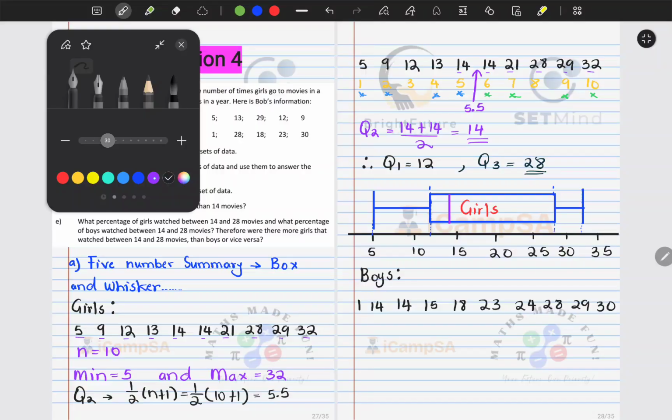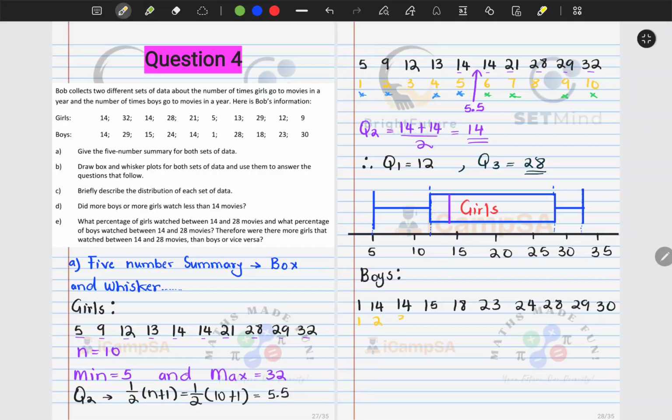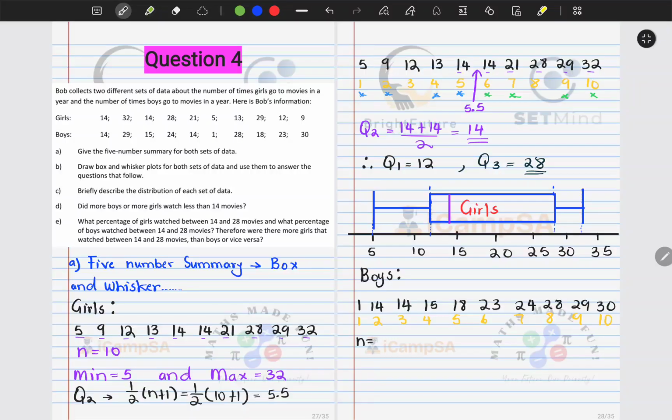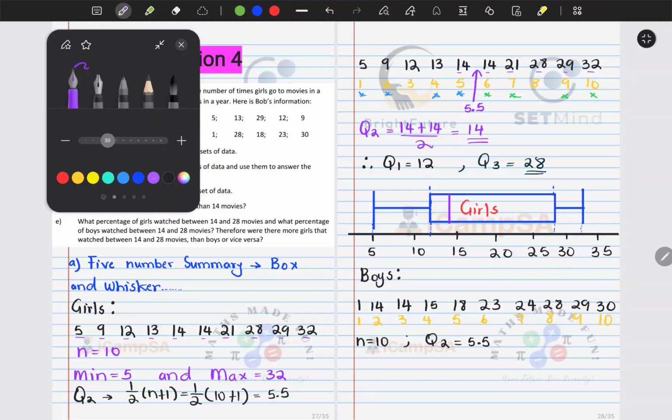So let's quickly figure out what is happening. If you observe carefully, let me quickly label this. You have 1, 2, 3, 4, 5, 6, 7, 8, 9, 10. Okay. So the number n is the same. n is 10, which means your Q2 will be at position 5.5, which is just sitting here.